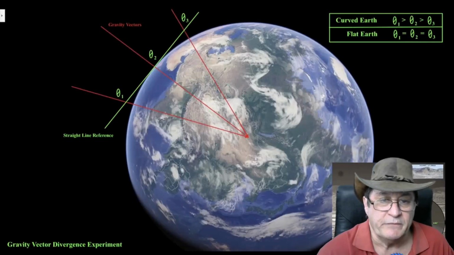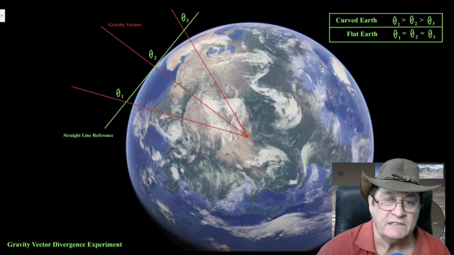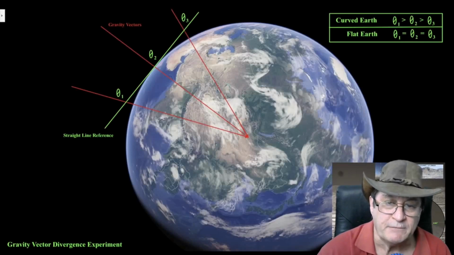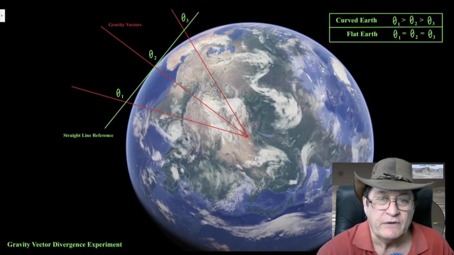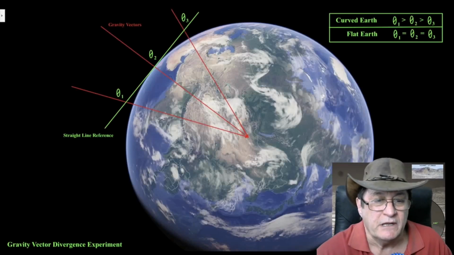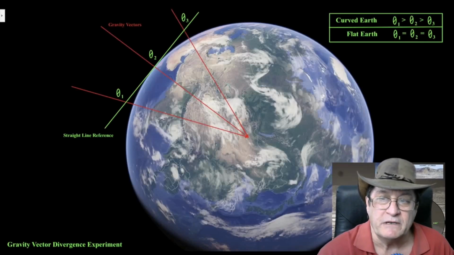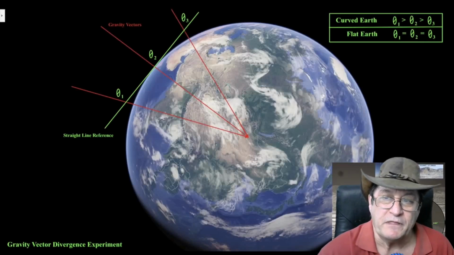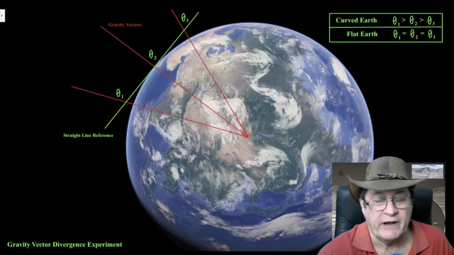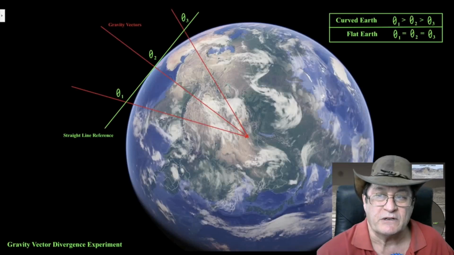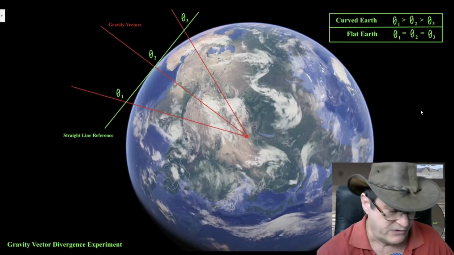So, JTolan Media once again finds himself in the embarrassing position of having proved the globe. Here's his criteria where he made a measurement: for a flat earth, theta 1 equals theta 2 equals theta 3, and for a globe, that's curved earth, theta 1 is greater than theta 2 is greater than theta 3.